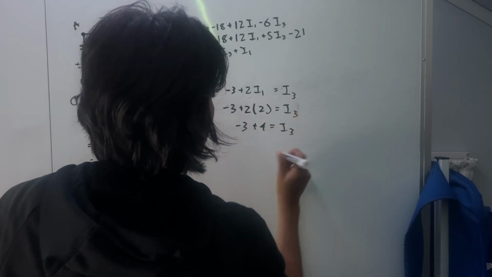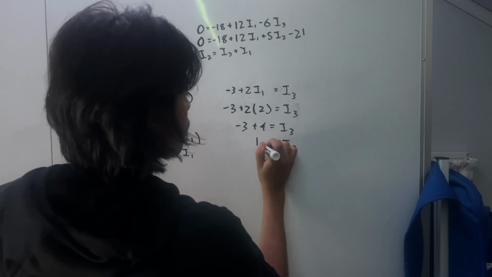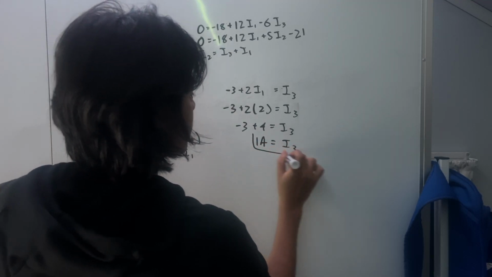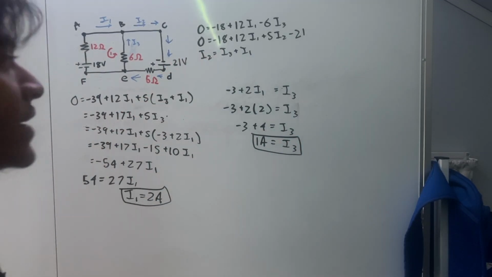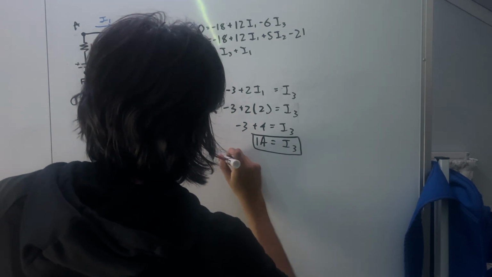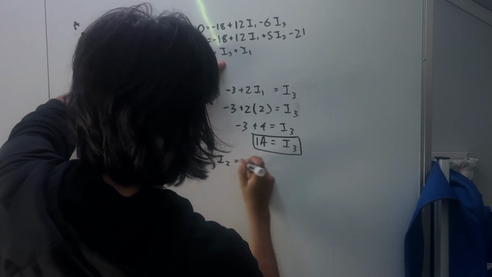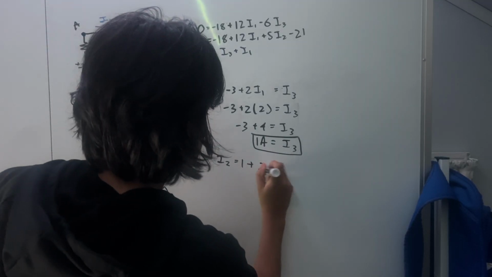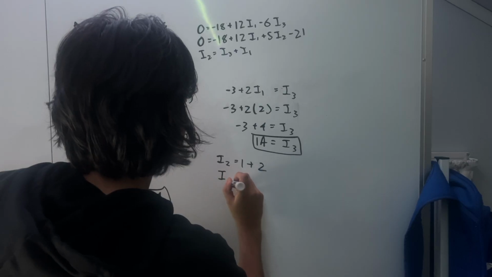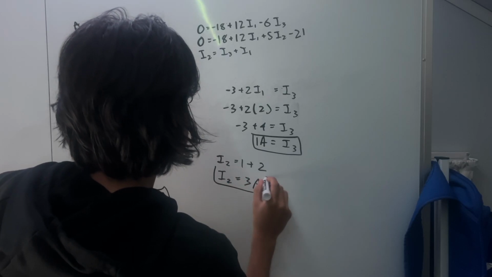Then we see that I3 is going to be equal to 1 amp. And now using the junction rule equation, we can solve for I2. So I2 is just going to be I3, which is 1 amp, plus I1, which is 2 amps. And from here, we can see I2 is equal to 3 amps.